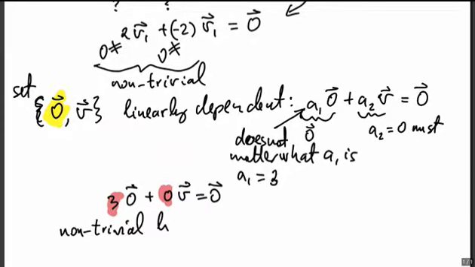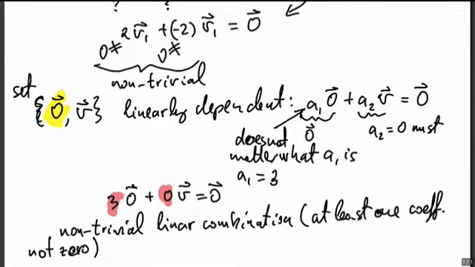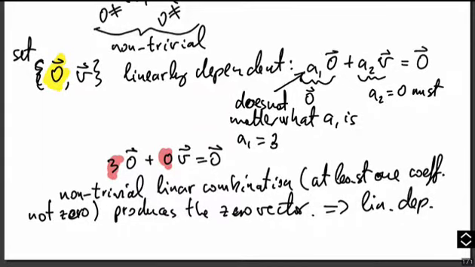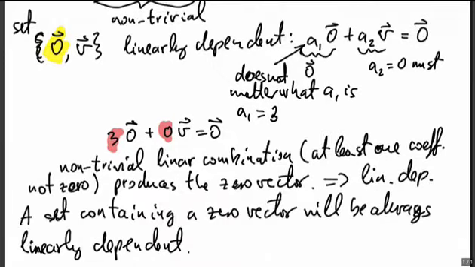A non-trivial linear combination, because at least one of the coefficients is not 0, produces the 0 vector. So that means it's linearly dependent. So what you can see here is that a set with a 0 vector in it will always be linearly dependent. Also a list, of course.